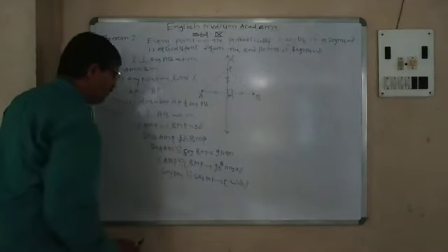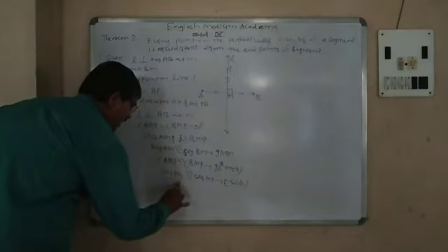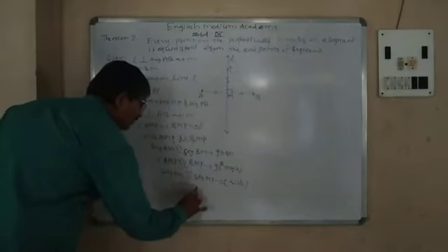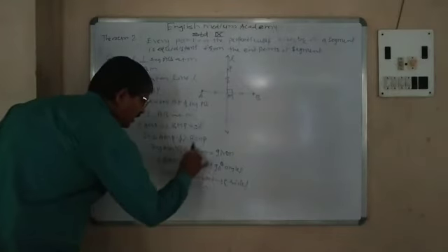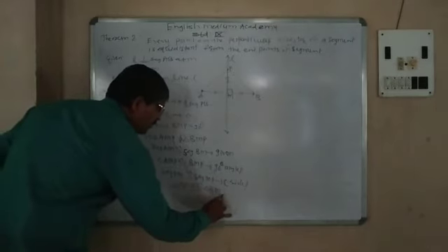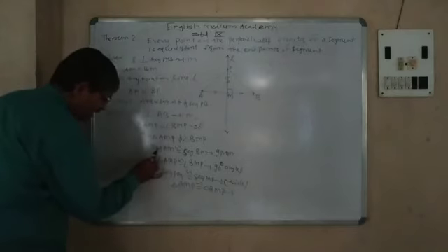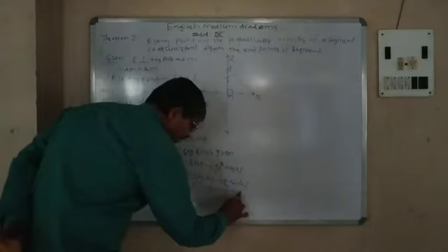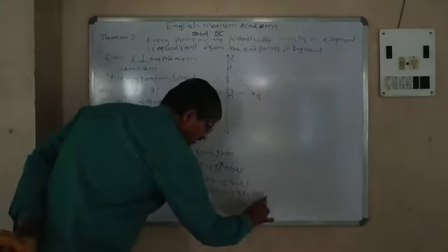Okay. Therefore, triangle AMP congruent triangle BMP by which test? These are congruent by side, angle, side, by SAS test.